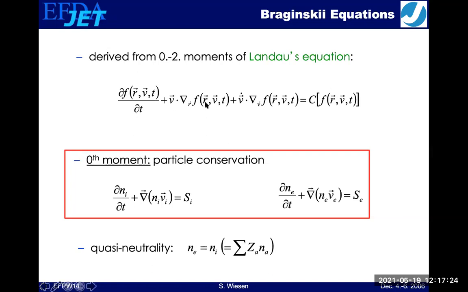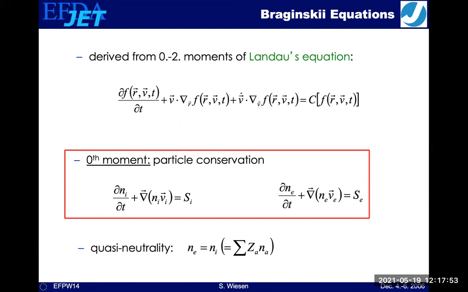Once you've done all these considerations, you can then start to build up moments. Moments means you multiply your function with velocity: the 0th moment of the velocity, the first moment, and the second moment.